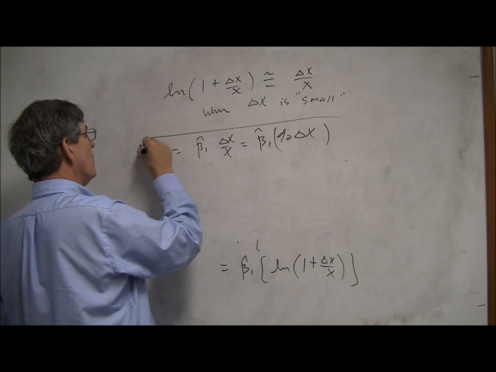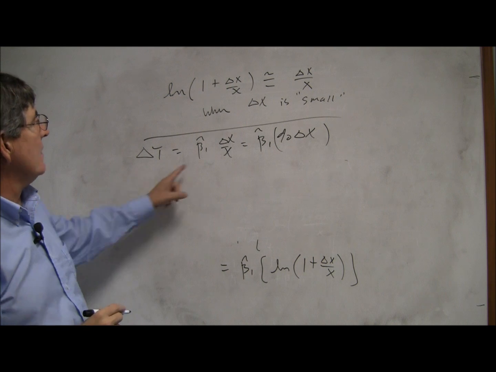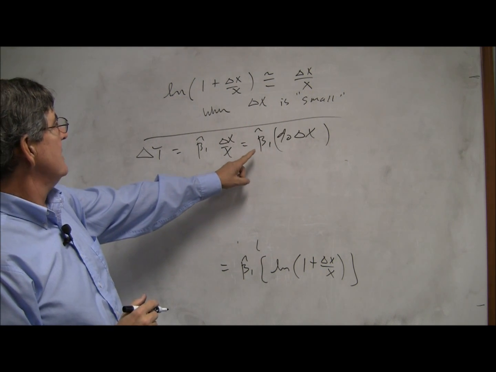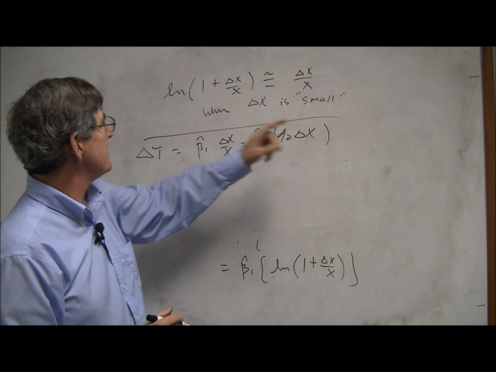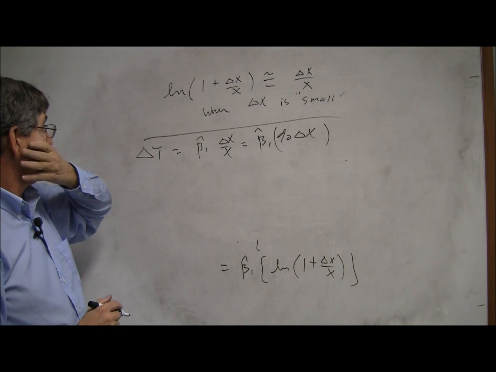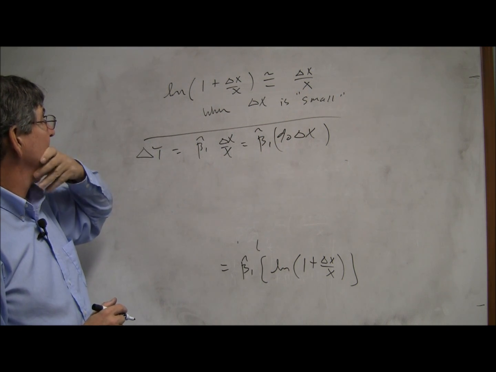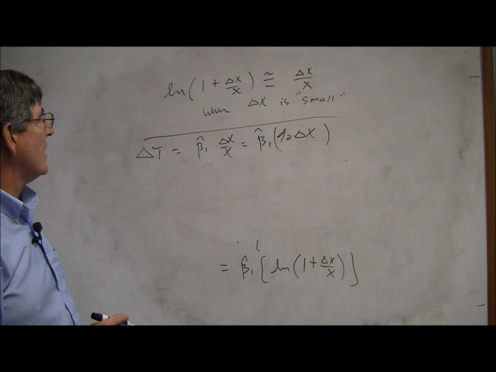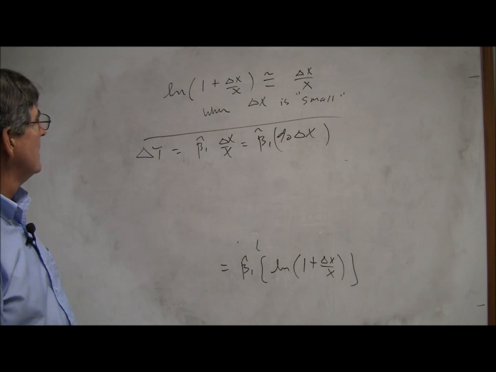So the change in y in this model for a change in x is just beta 1 hat times the percentage change in x. So that's where that result comes from that we wrote down earlier.